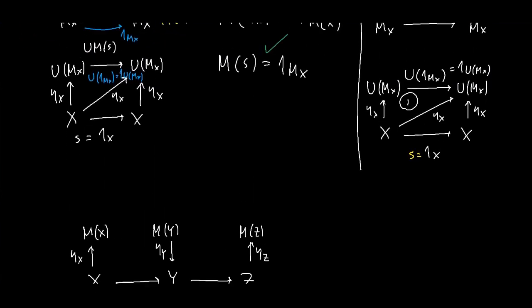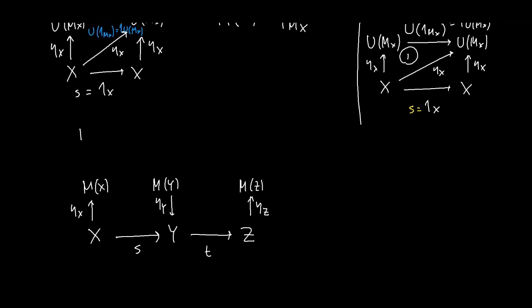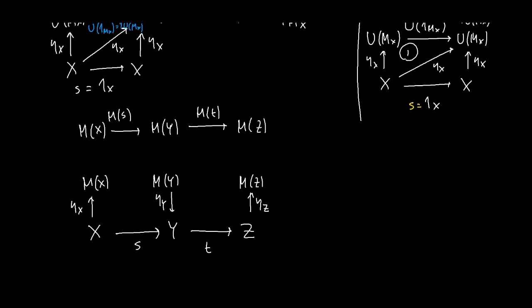And then we already know that we've got the M of S and M of T separately. So this is M of S, this is M of T. We know that they make the corresponding triangles commute, so these are the triangles obtained by composing.